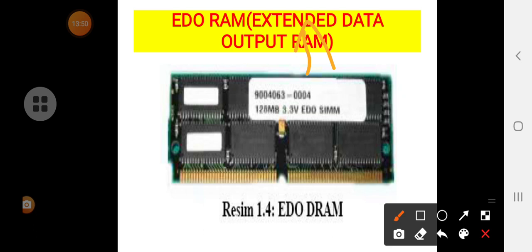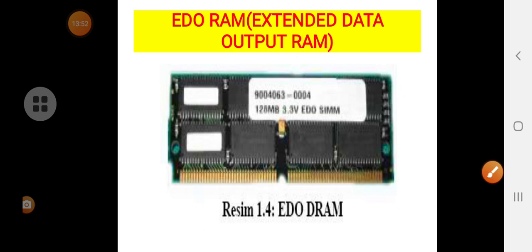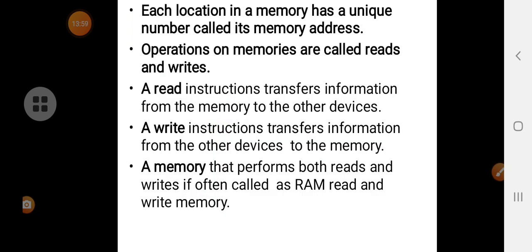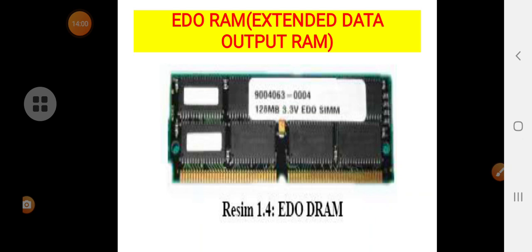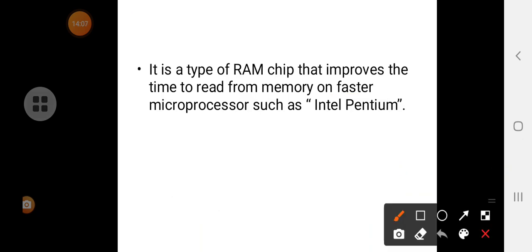Here you can see there are only 4 slots, that is 4 chips. An additional chip is introduced, so that is called extended data output RAM. It gives more memory and it is faster.